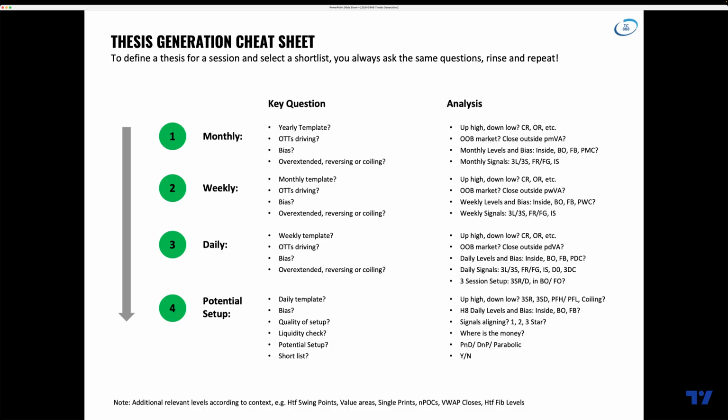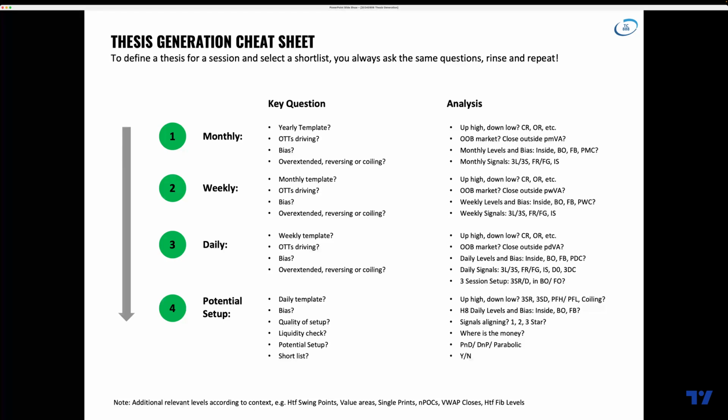So starting off on the monthly, we zoom out and look at the yearly template at least once a month, but I also do it once a week to really look, where are we within the year? Are we up high or down low? Where's the closing range of the last year, opening range, and so on, just to have the context in mind.